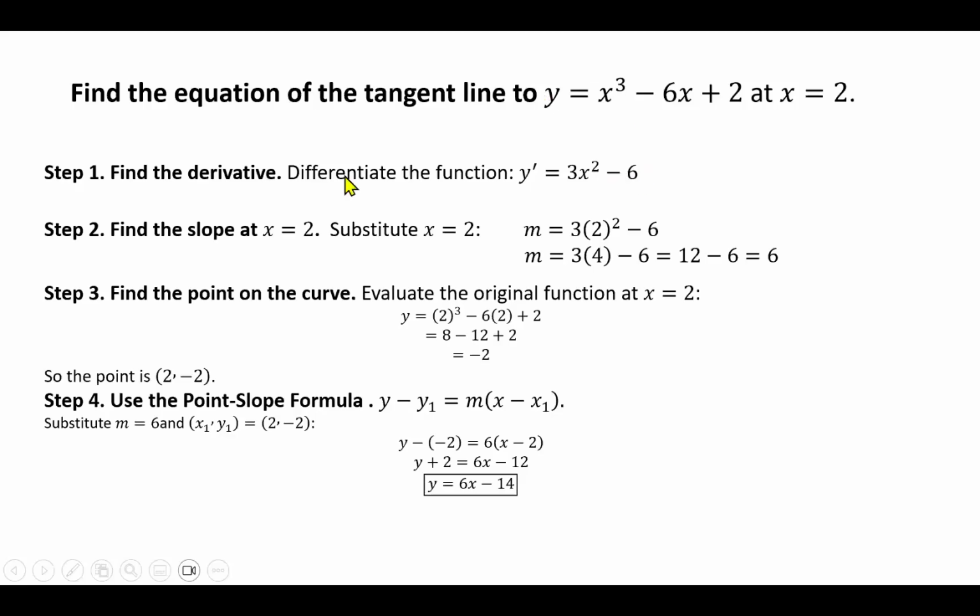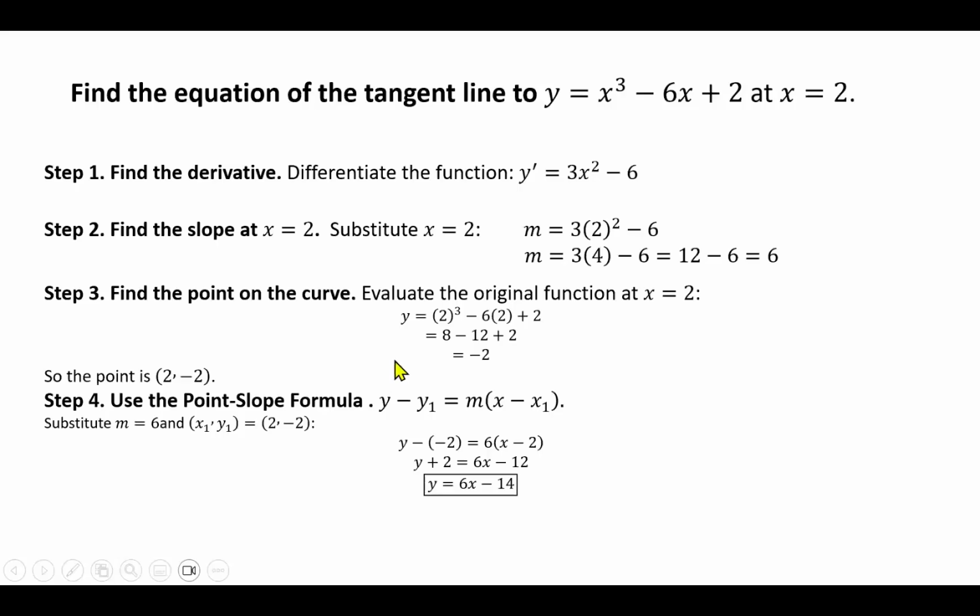Then to find the slope, I plug in the number where they want me to find the tangent line. So I substitute x with 2, and this gives me 3 times 2 squared minus 6, which becomes 6 at the end. So the slope of the tangent line is 6.